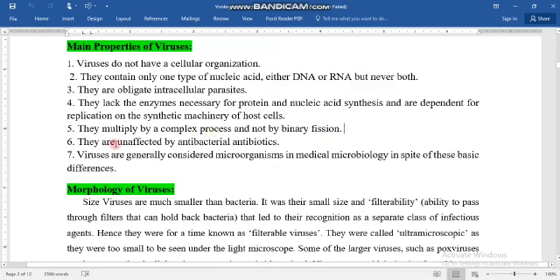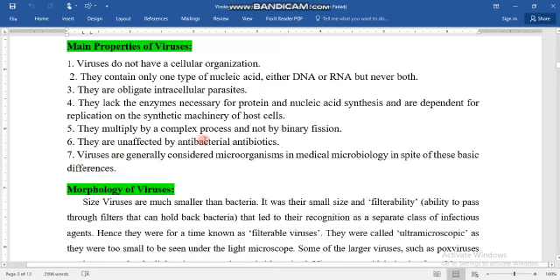Another important thing is that viruses are unaffected by antibiotics. Whenever viruses were discovered, as we know they are pathogenic organisms, researchers and doctors at that time used antibiotics to kill them, but the antibiotics were totally unaffected on these viruses.